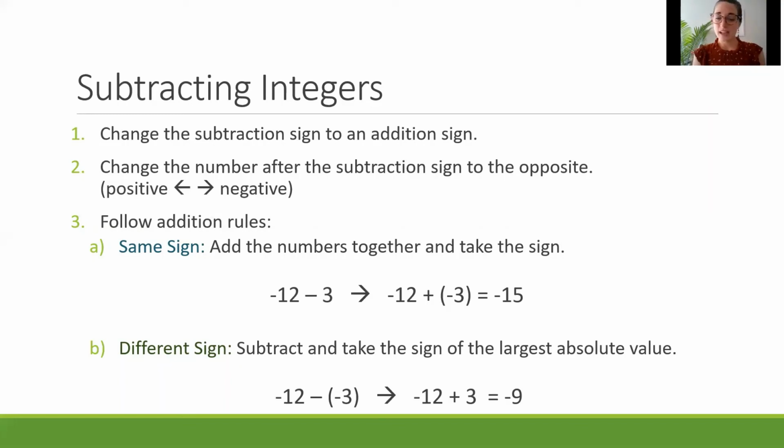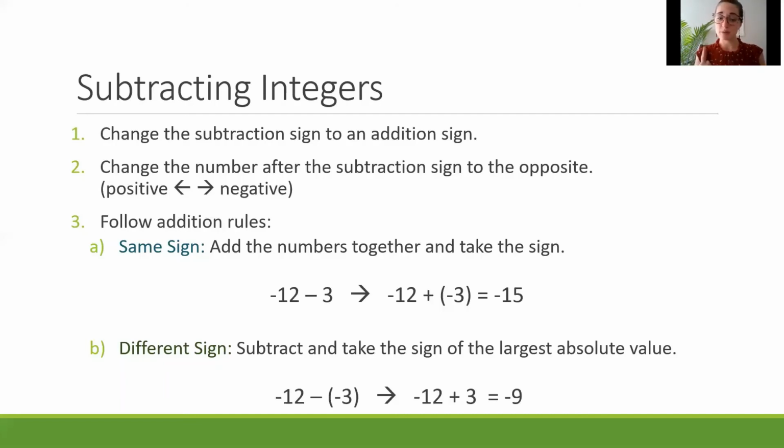Now, if we have a different sign, again, we're going to follow those rules. So let's take a look at this next one. Let's say we had -12 minus -3. Well, we're going to take the same steps, right? We keep our -12, we change the minus to a plus, and we do the opposite with the 3. So because it was -3, now it's a +3.